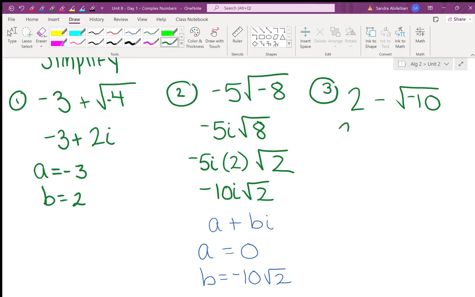Arish? 2 minus i root 10. Excellent. What's my a? 2. What's my b? My b, Chris? Negative root 10, because remember it's a plus bi, so this would be a negative root 10.